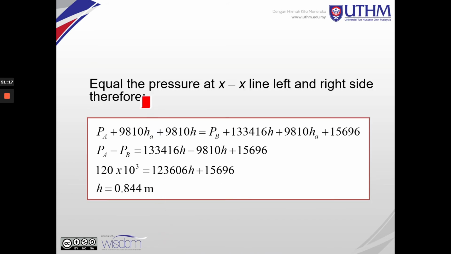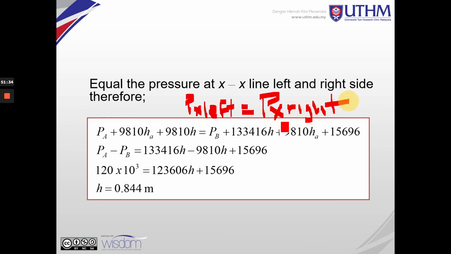Then just equate the pressure at the X line using Pascal's law. So Px left equals Px right. We get PA for the left and this pressure on the right.